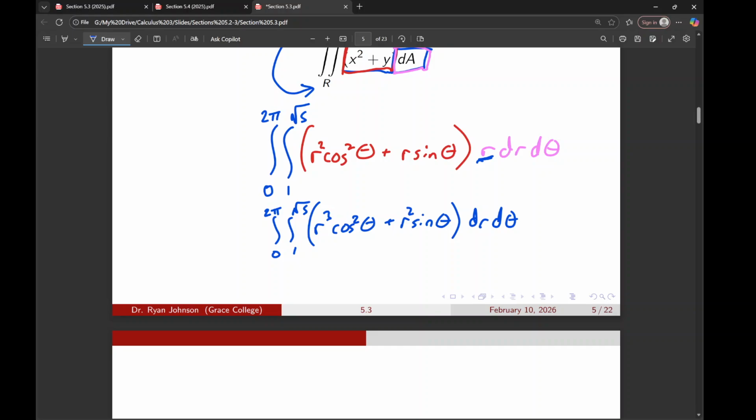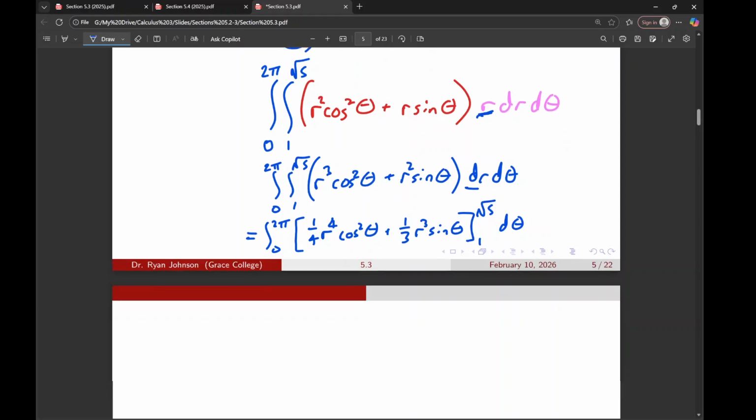Well, dr is on the inside, so I'm integrating with respect to r first. So keep my 0 to 2 pi there. I like to use brackets for this sort of thing, so I get 1/4 r to the 4th cosine squared theta plus 1/3 r cubed sine theta, and it goes from 1 to square root of 5.